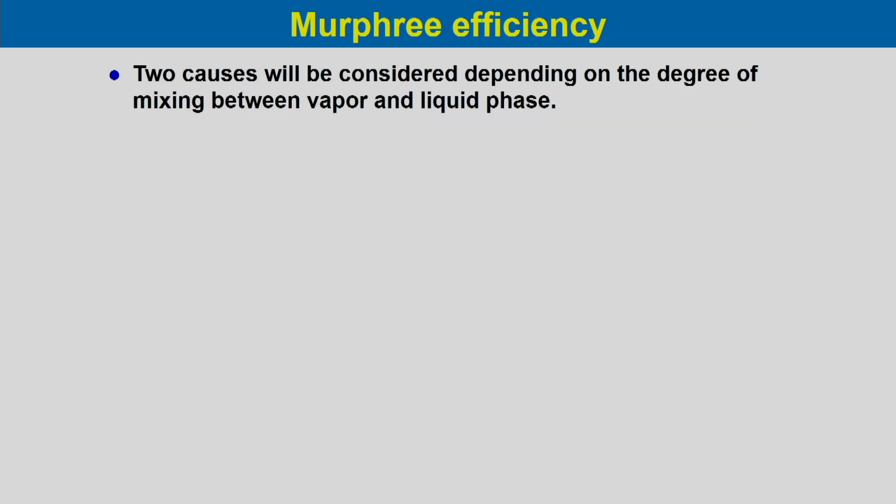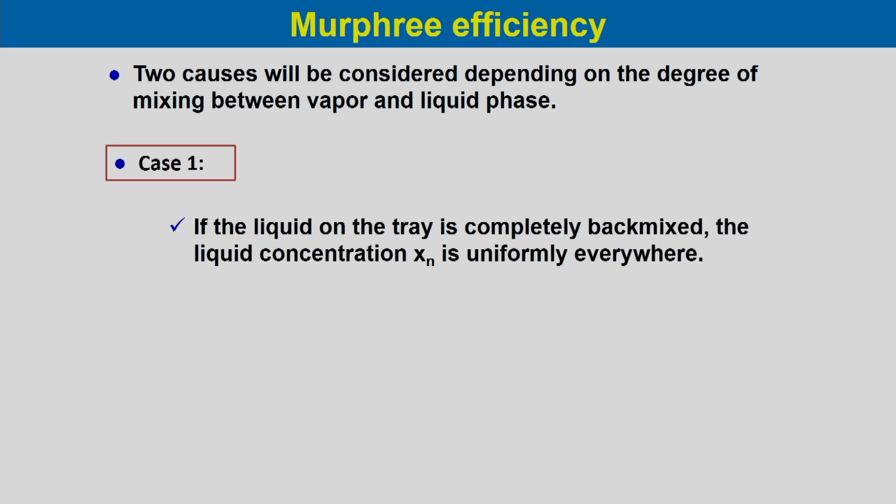Cases will be considered depending on the degree of mixing between vapor and liquid phase. Case 1: if the liquid on the tray is completely back mixed, the liquid concentration X_n is uniform everywhere. So, E_MG would be equal to E_OG; the point efficiency would be equal to the Murphree efficiency.